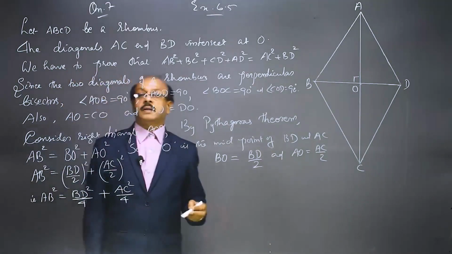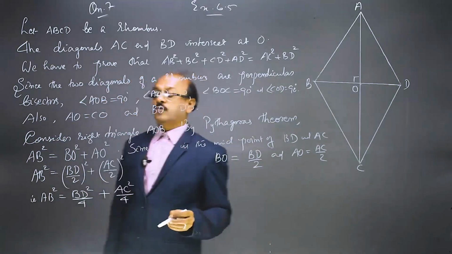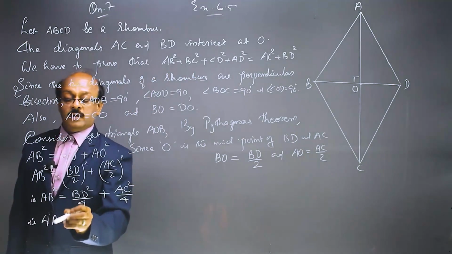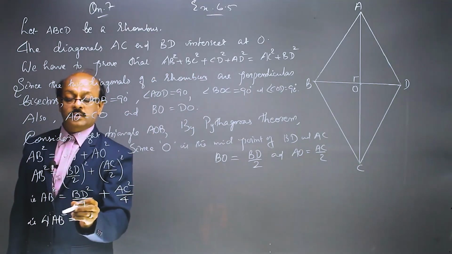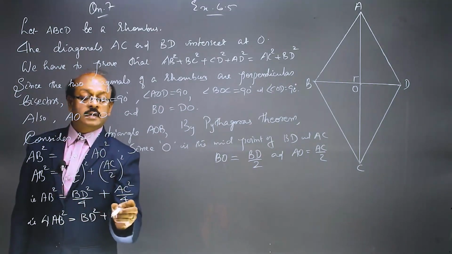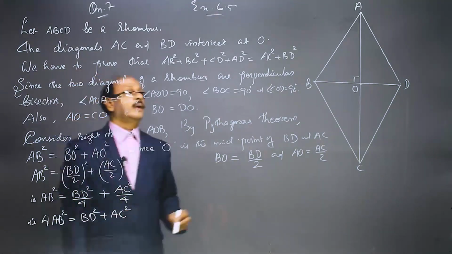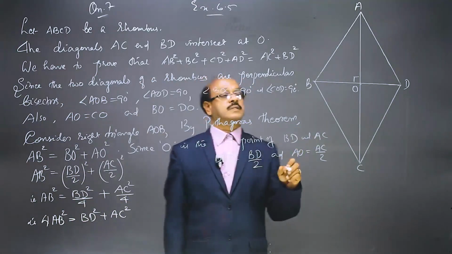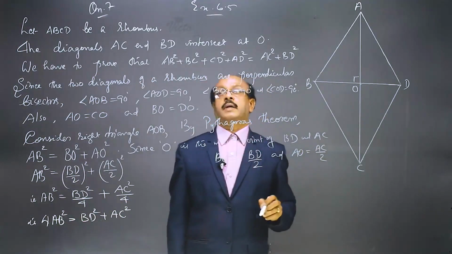Taking the LCM and cross multiplying, we get 4AB square is equal to BD square plus AC square. In the rhombus ABCD, we have AB is equal to BC is equal to CD is equal to AD.